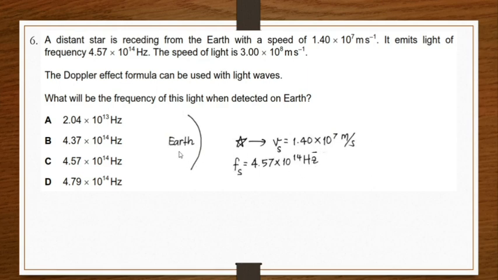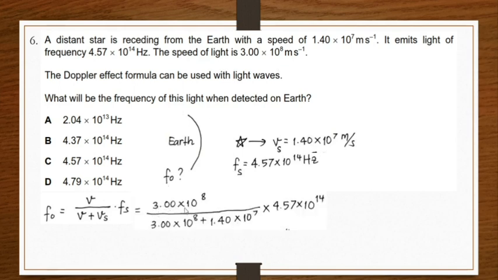And of course, the frequency of this light when detected on Earth will be Fo, of the observer. And you know this equation will be given. Yeah, you know that F of the observer equals V over V plus Vs multiplied by Fs. That V is the speed of light, 3 times 10 to the 8.